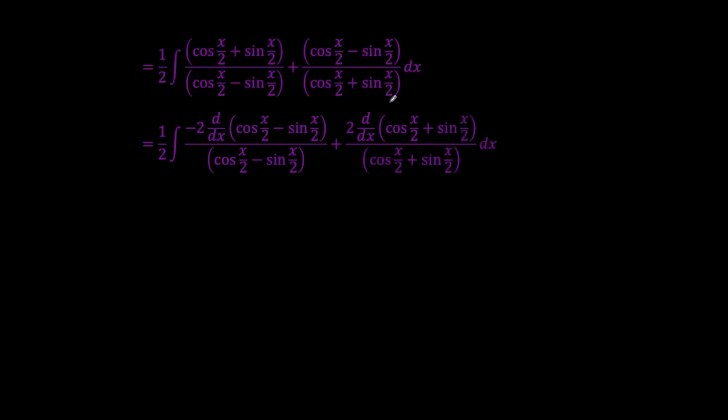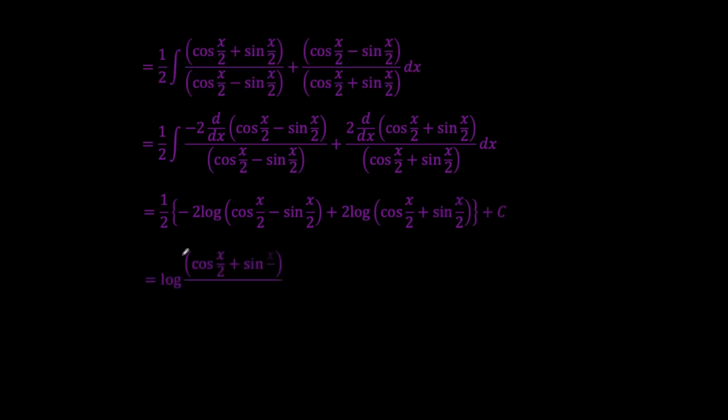So what we see here is that now we can use the natural logarithm. So this is a half negative 2 natural logarithm of cosine x over 2 minus sine x over 2, plus 2 natural logarithm of cosine x over 2 plus sine x over 2, and then obviously integration constant.